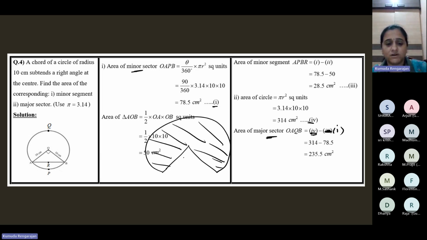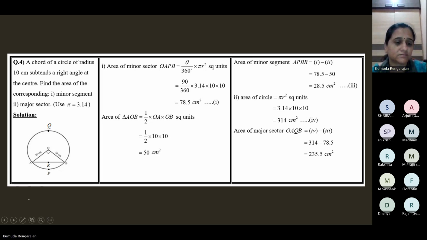So from the area of the circle, subtract this minor sector area to get the area of the major sector. I've taken 78.5, but by mistake. It's not 3, it's 1.